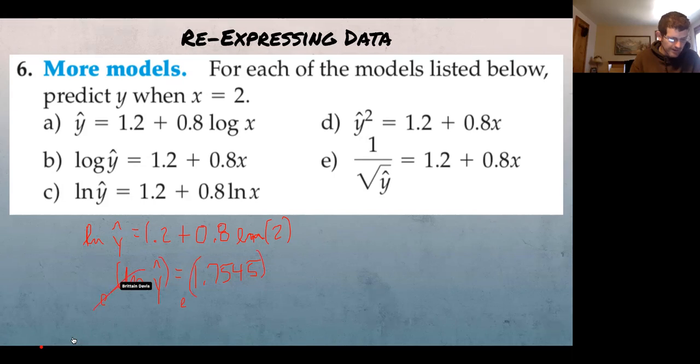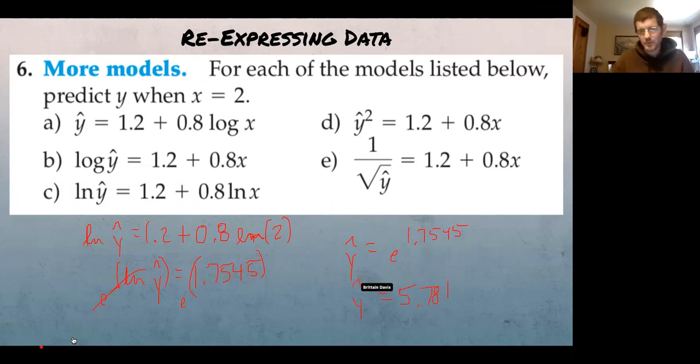Y hat equals e to the 1.7545. There's the answer. You just hit second natural log because that's the inverse of it. And I get 5.781. And you'll be in that ballpark depending on how much precision you put for the exponent.